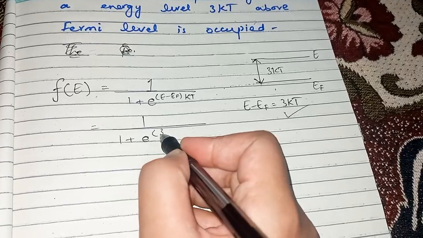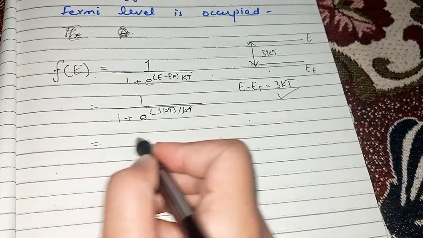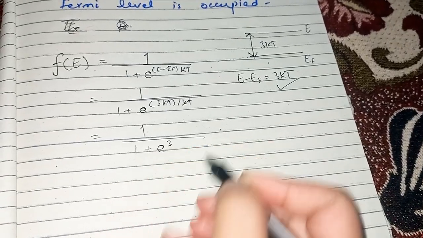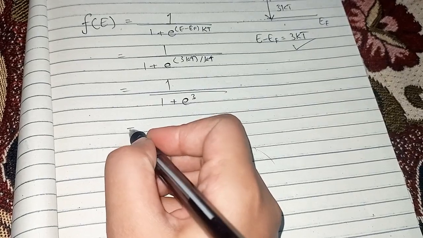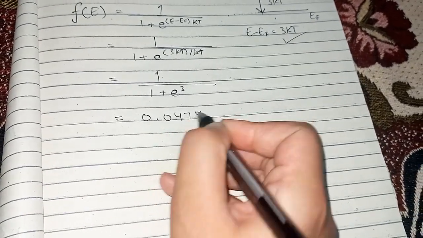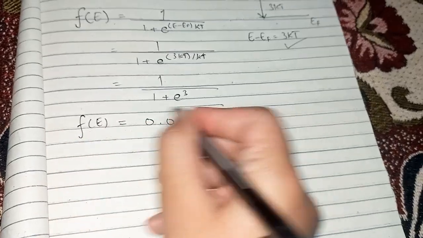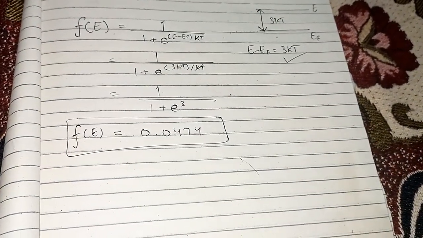E minus EF is 3 kT over kT, and kT gets cancelled out, and we are left with e to the power 3. Okay, 1 over 1 plus e to the power 3, and if we calculate it using a calculator, then we will get 0.0474 as the probability that a state 3 kT above Fermi level is occupied.